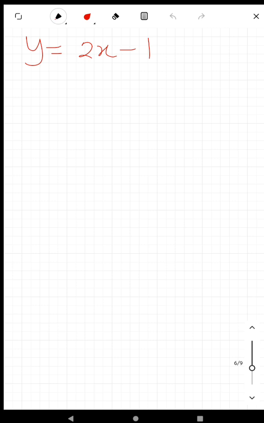So the simple way to plot a straight line equation is to try and get 2 points. Already we know what the y-axis intercept is.